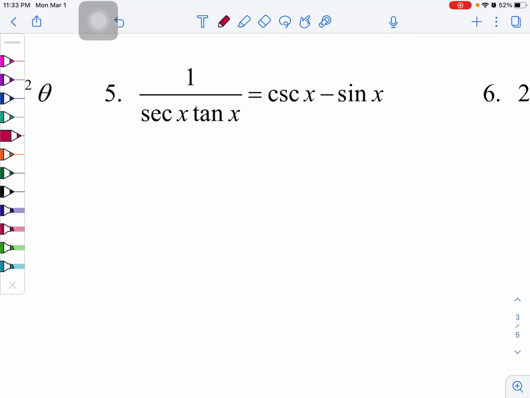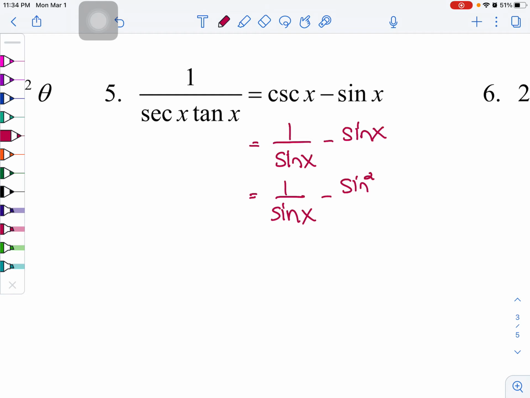All right, problem number 5. Well, this isn't too terribly pretty. Let's see what we've got here. I'm actually going to try the right side here. Cosecant of x is 1 over sine of x, minus sine of x.